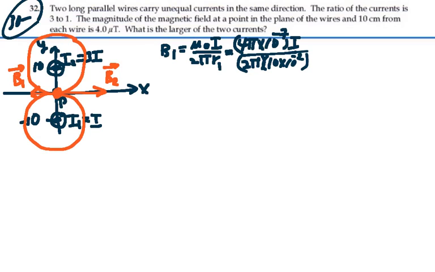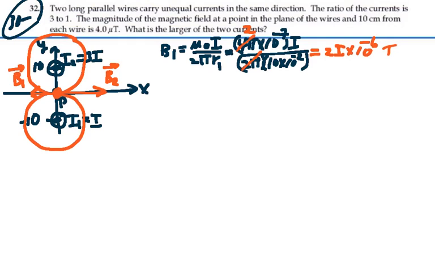The 4 pi divided by 2 pi will leave us with a 2, and 10 to the minus 7 divided by 10 times 10 to the minus 2 is 10 to the minus 5 divided by 10. This is going to be equal to 2I times 10 to the minus 6 Tesla, whatever that is.